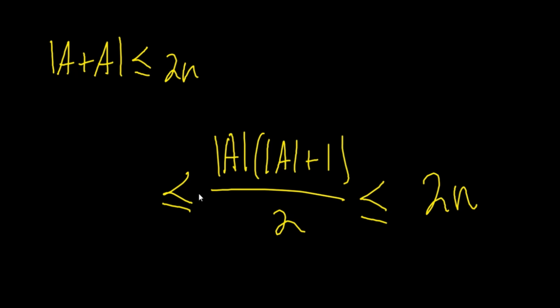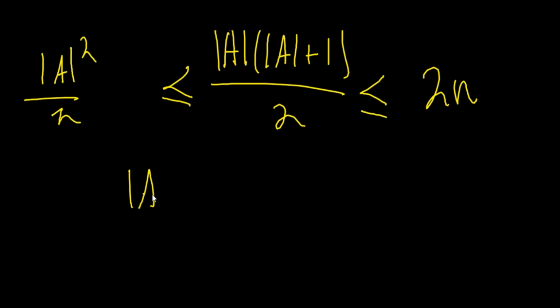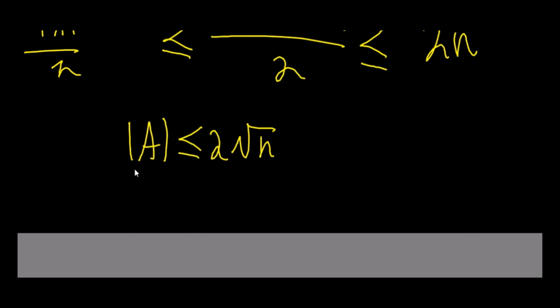And notice that for simplicity's sake, this is greater than or equal to the size of A squared over 2, which gives us that the size of A is bounded above by 2 square root of n. And thus, the maximum size of a Sidon set in the positive integers up to n is bounded above by 2 square root of n.